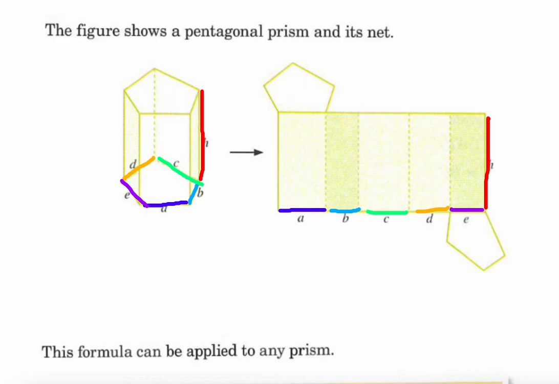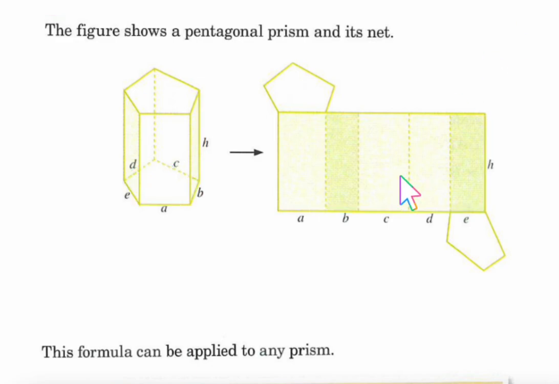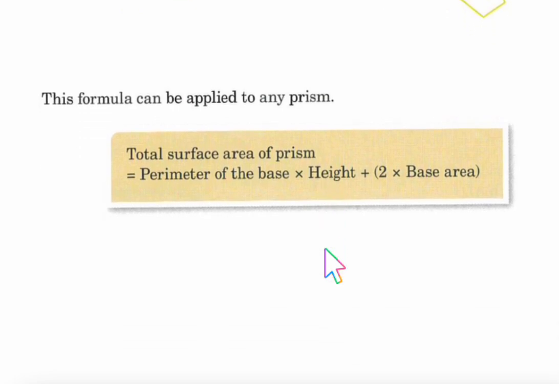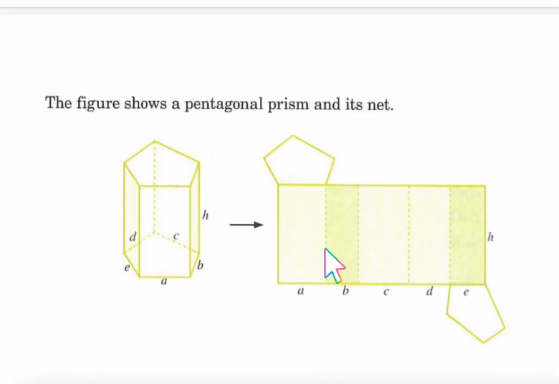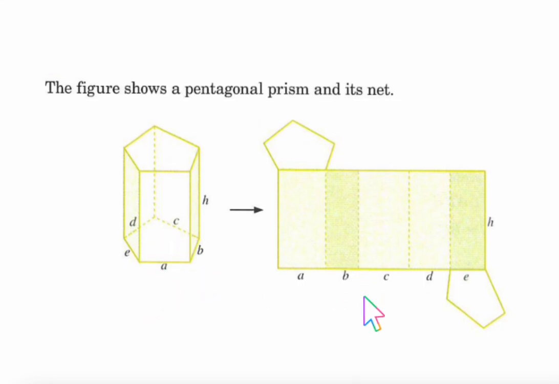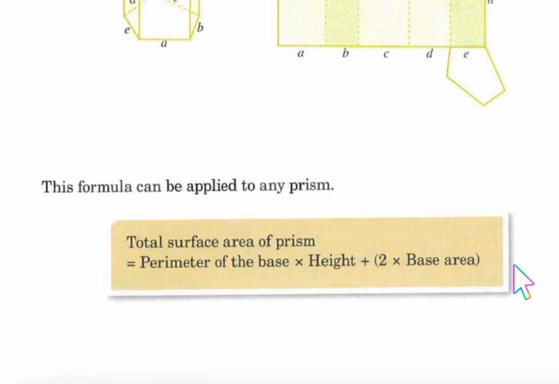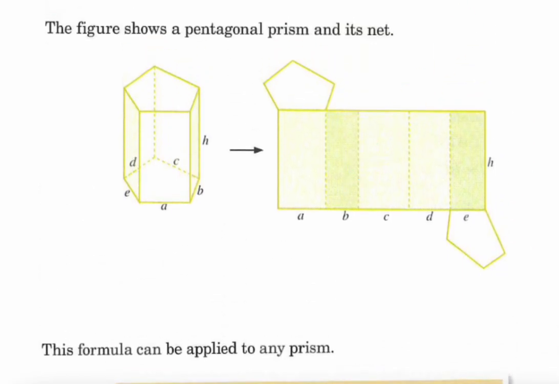Once you know that as a shortcut, then you can use that pattern to not have to draw a net each time and come up with a general formula. So that's how we come up with this formula, right? If we're basically adding up together all the sides of that face to get that length, then what we're really doing is figuring out the perimeter, right?